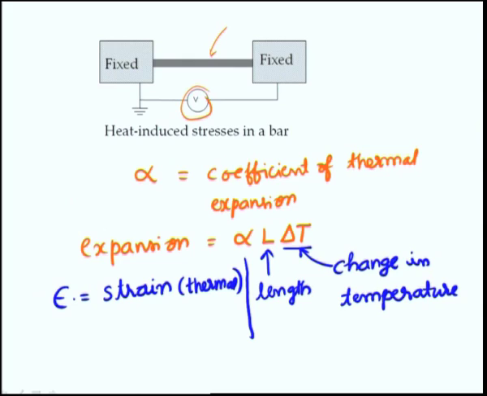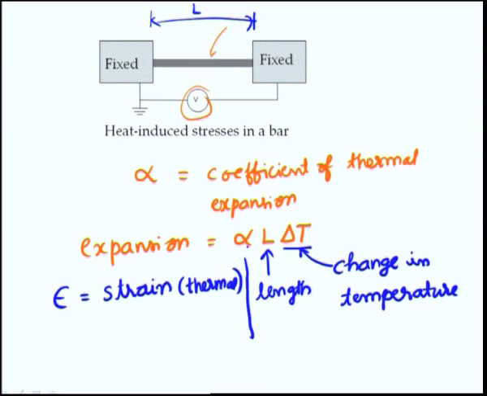So, if I heat it, let us say delta T is positive, then L is positive. L, of course, as we said, is the length of this interconnect. L is positive and delta T is positive, alpha is of course positive for most materials. There are some materials which can have negative thermal expansion coefficient, but they are very rare. So, alpha is usually positive, L is positive, delta T, if that is positive, then we have expansion which is positive, that is actually expansion and not contraction.